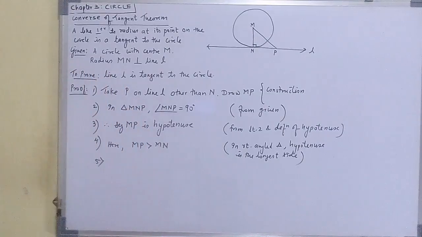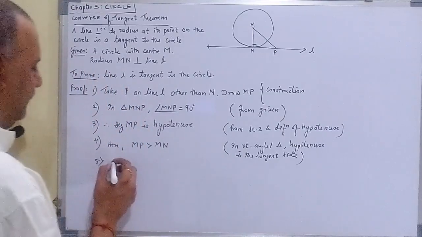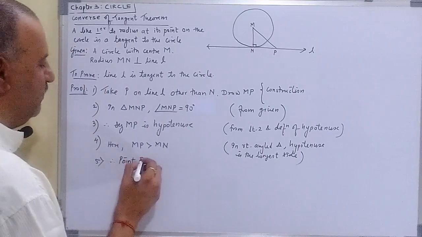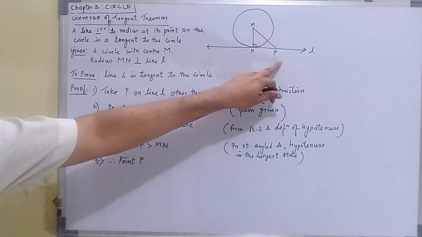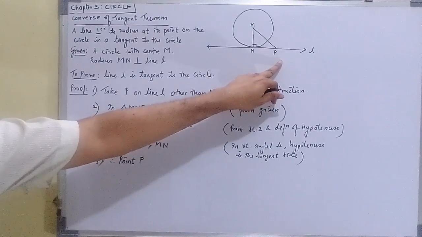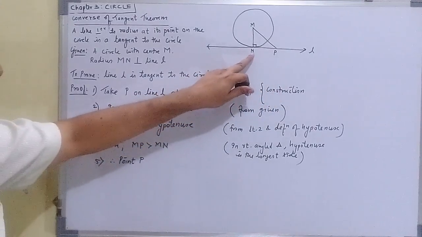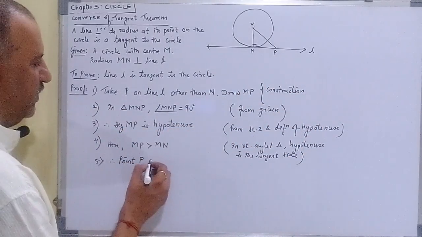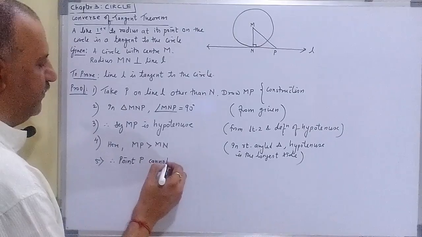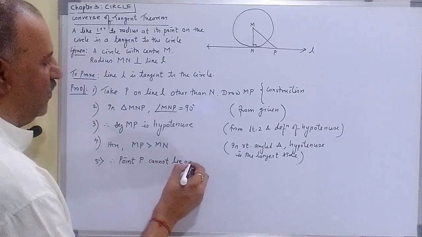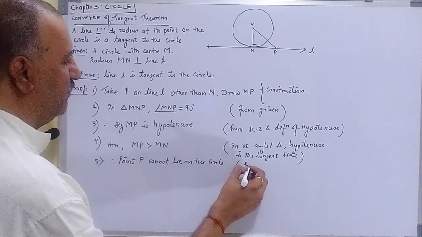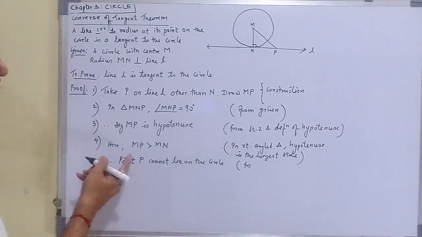यही हमें बताना है. Therefore point P, देखो point P बड़ा है ना, हाँ. सो ये शॉर्टेस्ट डिस्टेंस है, तो ये हो नहीं सकता सर्कल के ऊपर. पॉइंट P cannot lie on the circle because ये रेडियस है.